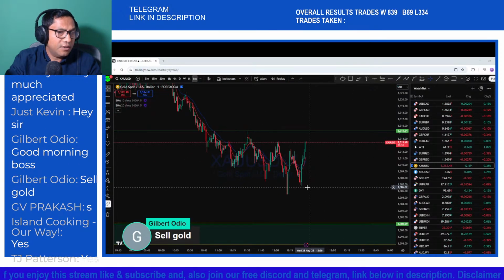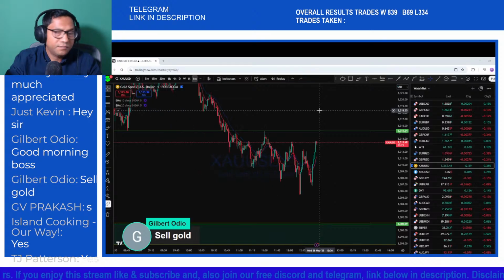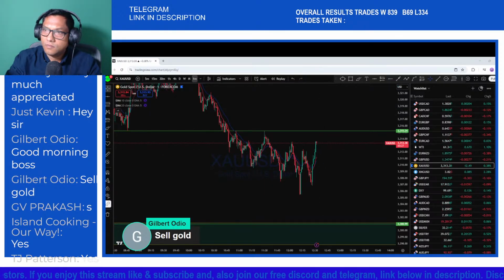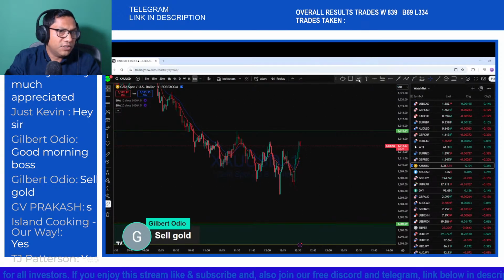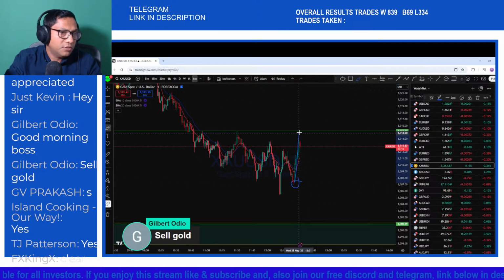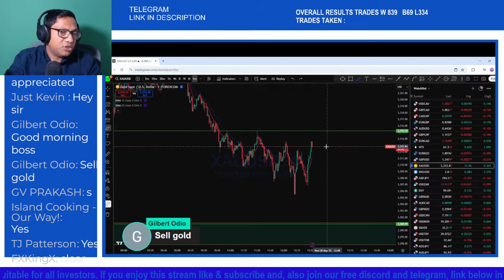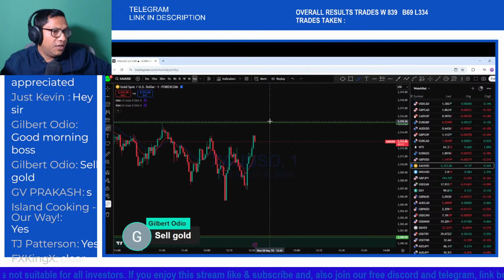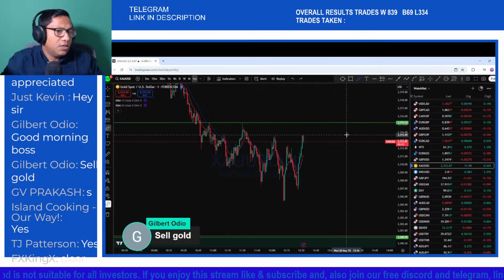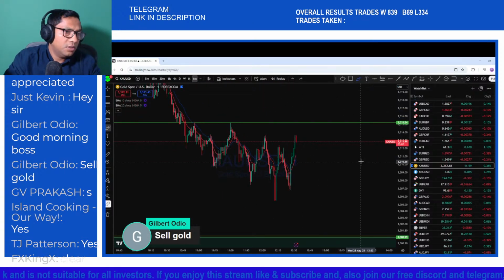We can see that move back here. Okay, from this level we see that there is a bounce. Expecting the market to potentially move back up here to that liquidity zone and then to return down.